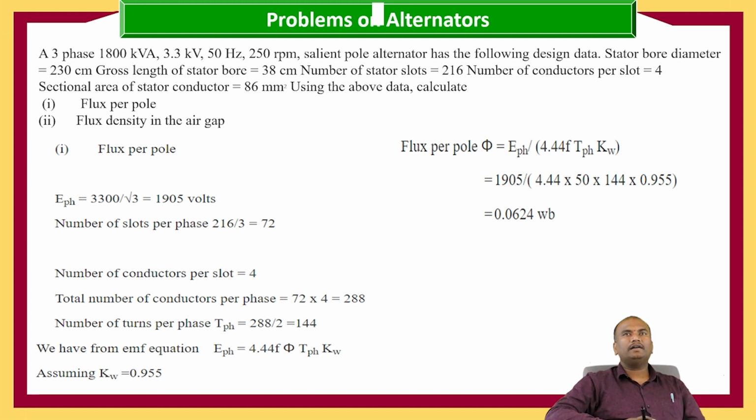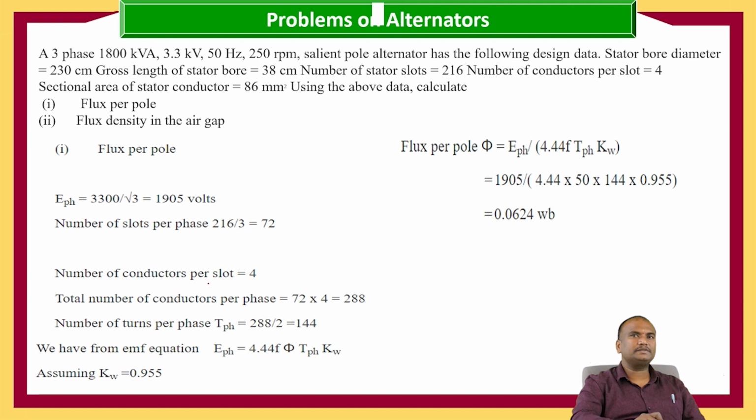Here, the data corresponding to the constructional details are given along with the output parameters. We need to calculate the flux and flux density in the air gap. So first, let us go with the calculation of flux per pole. Here E phase is equal to 3300 by root 3, which is equal to 1905 volts. The number of slots per phase is equal to 216 by 3, which is equal to 72.